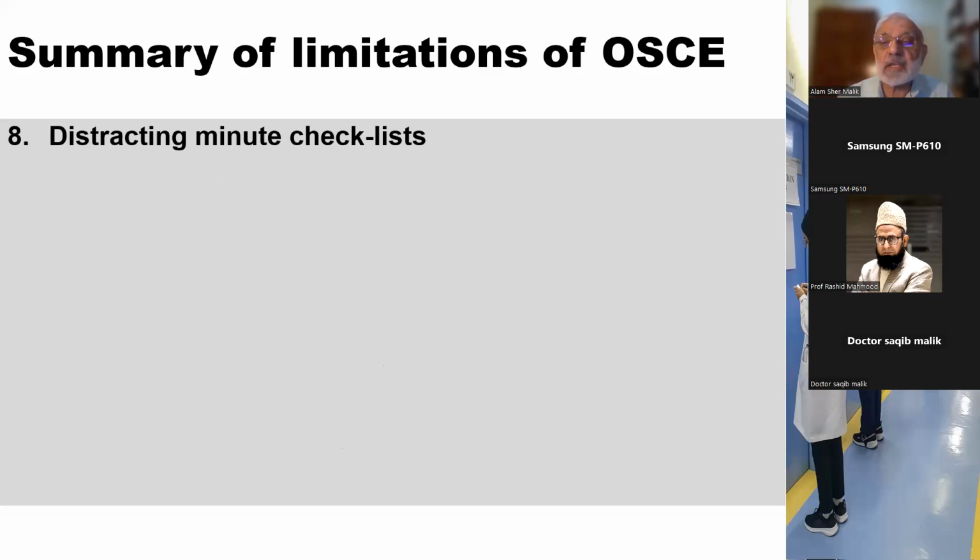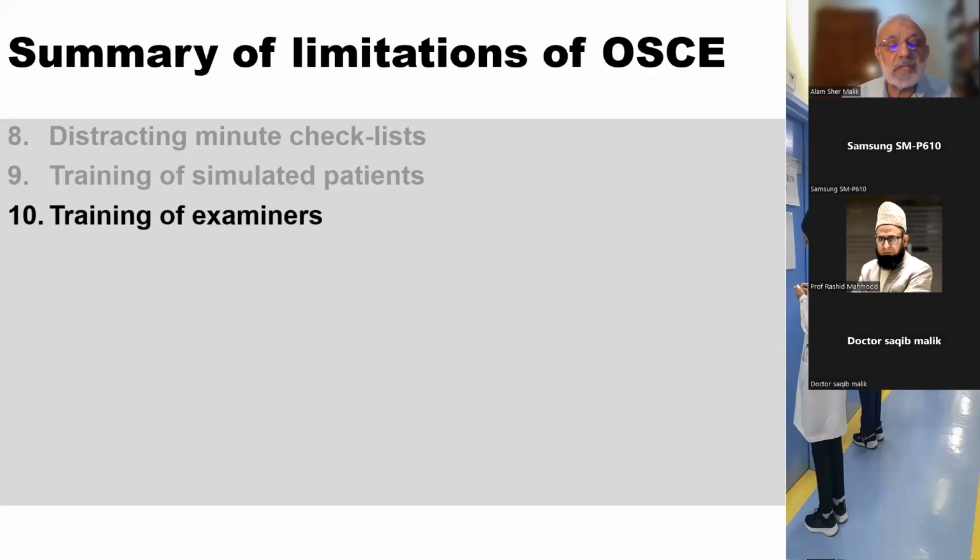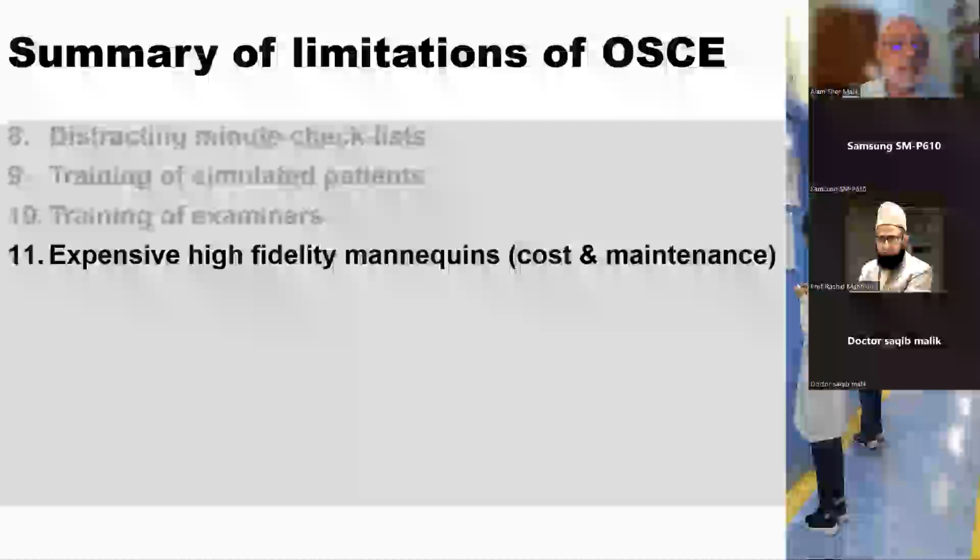Distracting minute checklists. We know that sometimes very extensive checklists are provided during the OSCE, and the examiner is more worried about the checklist than the performance of the student. We need to train the simulated patients. Similarly, training of examiners is needed.